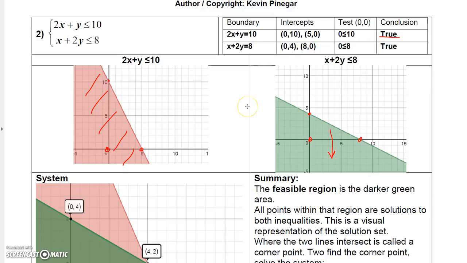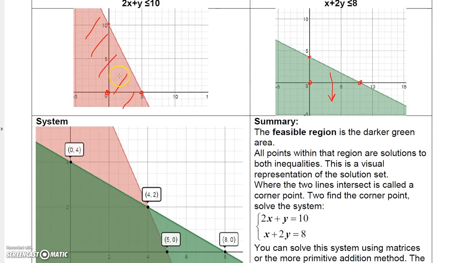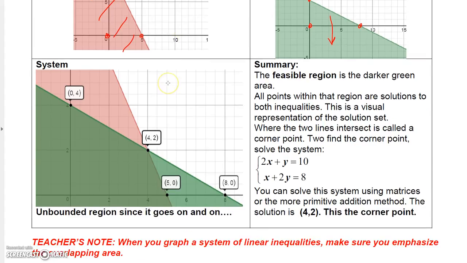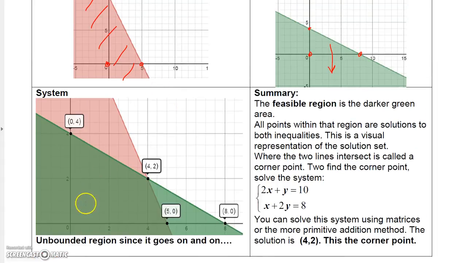And now when I put these two together, if I lay these two regions on top of one another, they're actually going to intersect out here in this region.